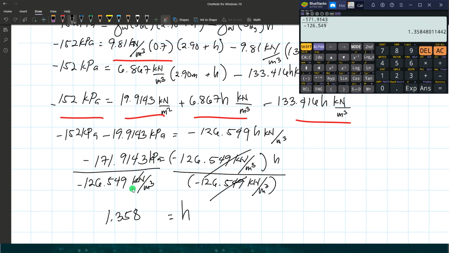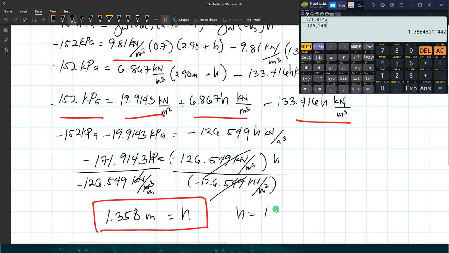So that will be cancelled out, and what unit remains is meter. So the answer is 1.358. Can rewrite this as H equals 1.358 meters. Okay. Letter B.